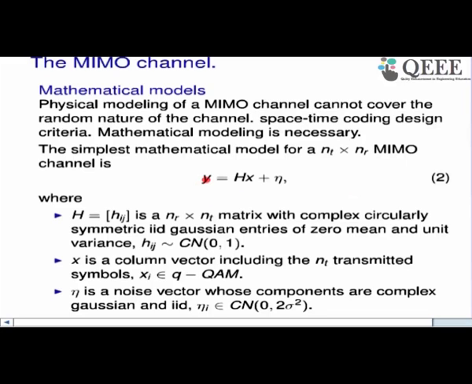Remember this: Y is the received signal vector, a 1 cross NR vector. H is an NT cross NR channel. It has NT cross NR entries, each of them complex Gaussian. X is an NT cross 1 transmit signal vector, and eta is the noise added at the NR receivers. This channel, as I have told you, is a MIMO, slow fading, flat channel. Remember that.